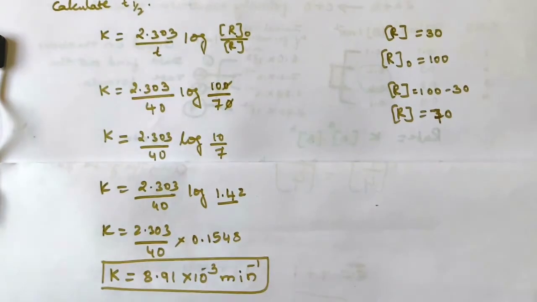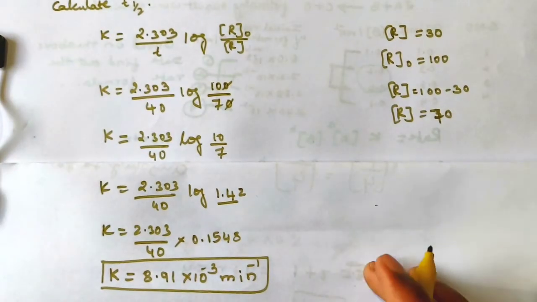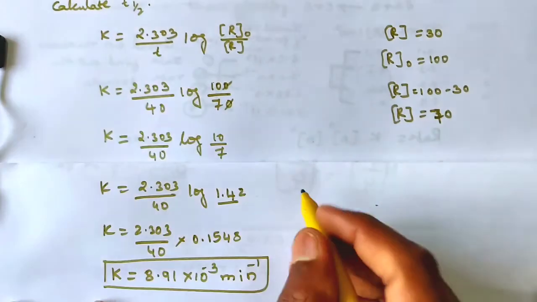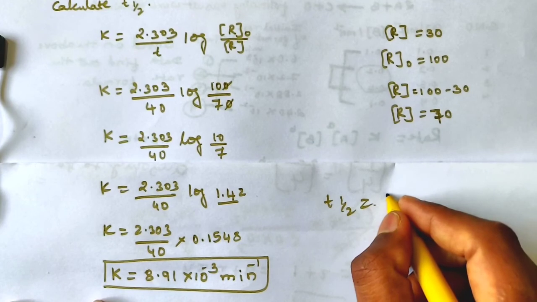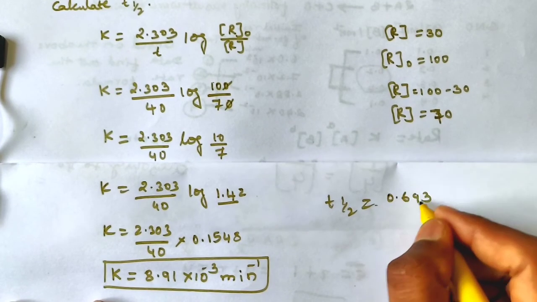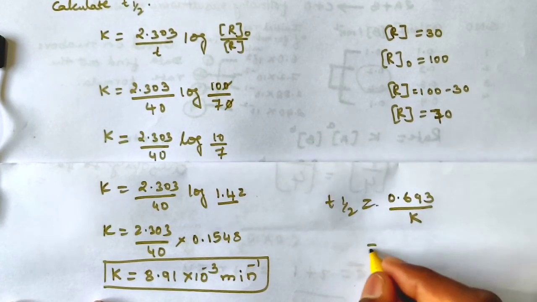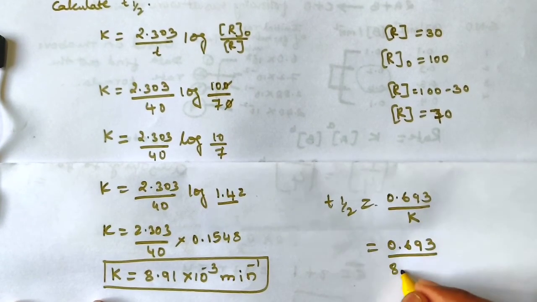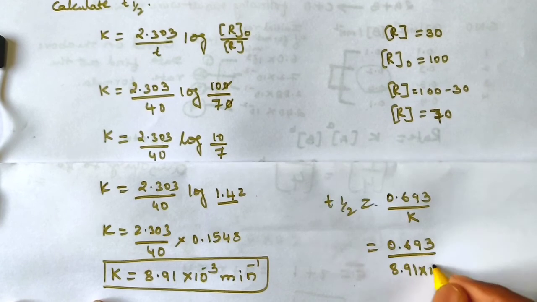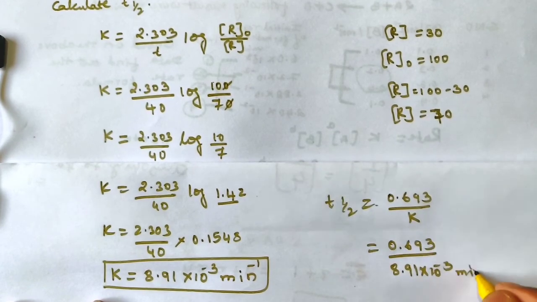So by knowing this k value, we can calculate the t half. So t half for first order reaction is t half is equal to 0.693 upon k. Substitute the value of k over there, that is 0.693 upon 8.91 into 10 to the power of minus 3 per minute.